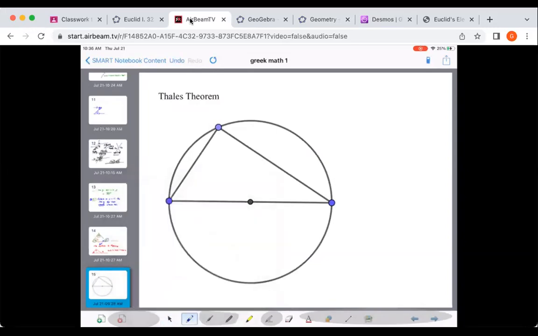And I'm going to show you the proof of it. Again, this must be the center of the circle. That AB must be a diameter. Thales's theorem does not claim to be true if the diameter is not one of the sides of the triangle.